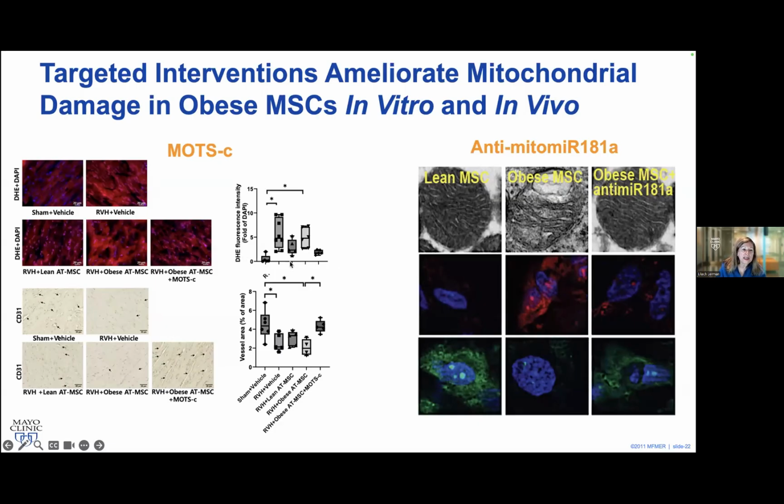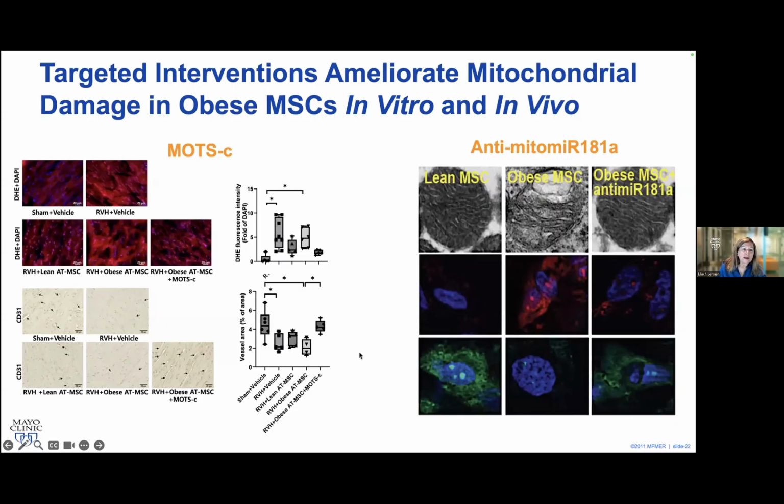We can see that in RVH, or the hypertensive heart, there was a significant increase in oxidative stress. And this was attenuated by lean MSC, but not by obese MSC. However, pre-incubation with MOTS-c that restored the level of MOTS-c in the obese MSC improved the reparative function of these obese MSC because it allowed them to decrease oxidative stress in the hypertensive heart.